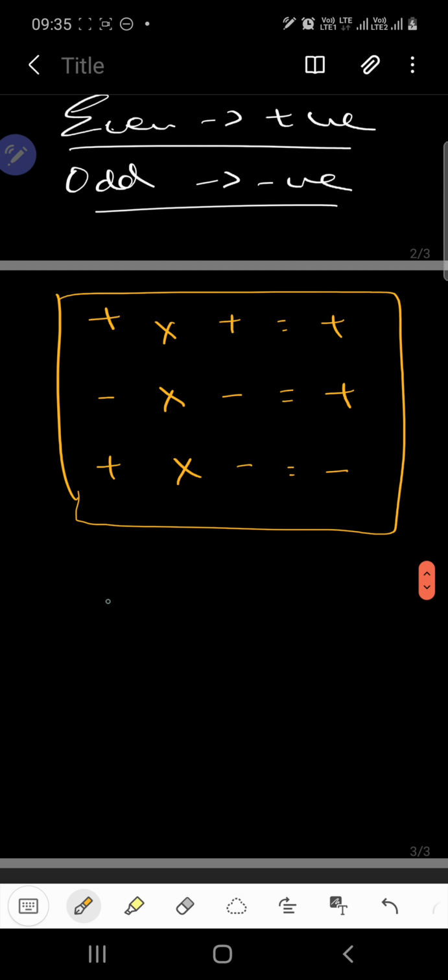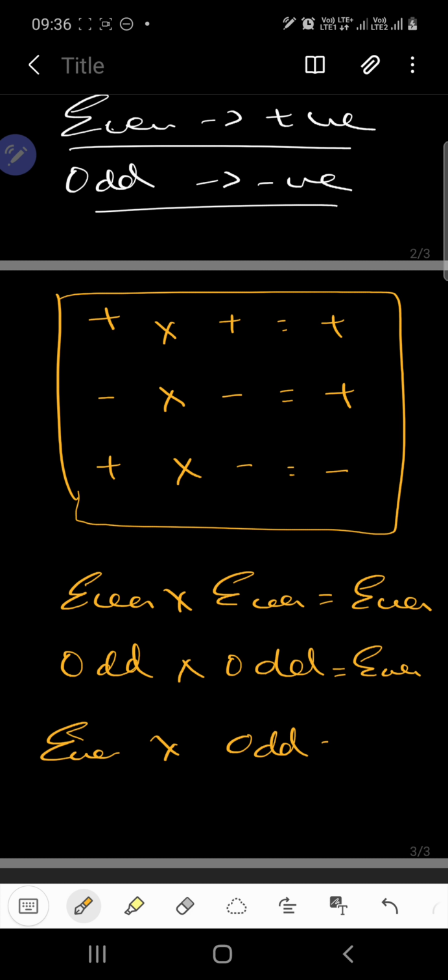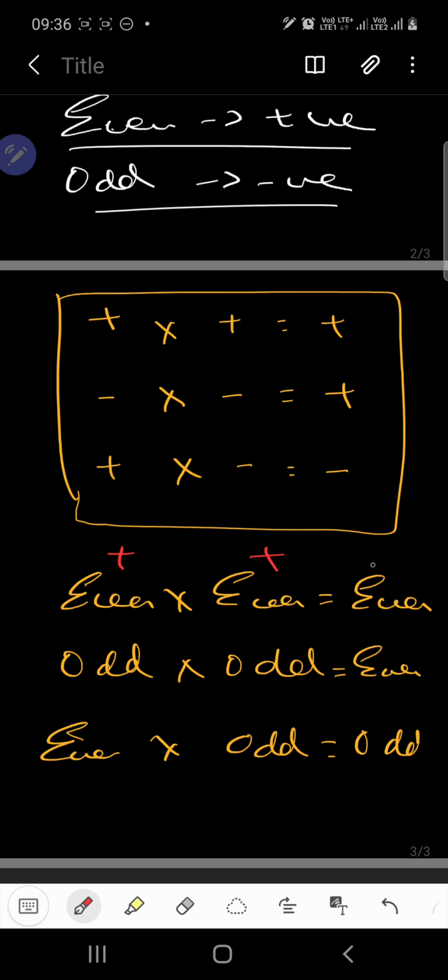An even permutation times an even permutation is an even permutation. An odd permutation times an odd permutation is an even permutation. An even permutation times an odd permutation or the reverse is an odd permutation. So plus times plus is plus, minus times minus is plus, plus times minus is minus. That is why the sign convention is set like this.